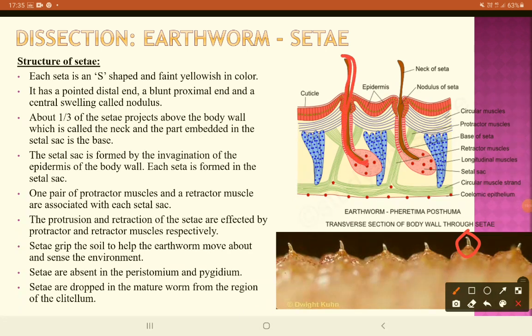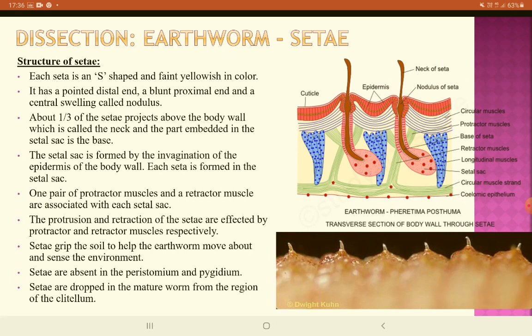It has a pointed distal end and a blunt proximal end and a central swelling called the nodulus. About one third of the seta projects above the body wall, which is called the neck of the seta. The part which is embedded in the setal sac is called the base.